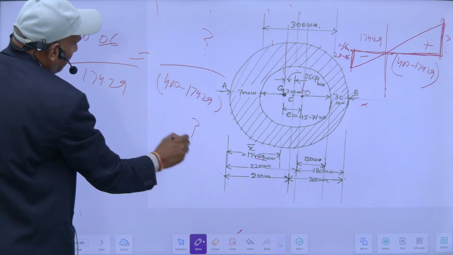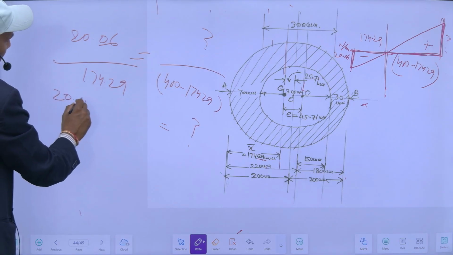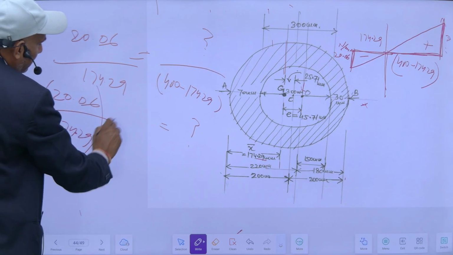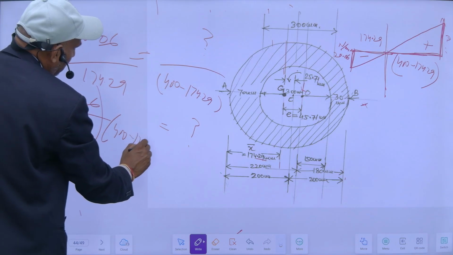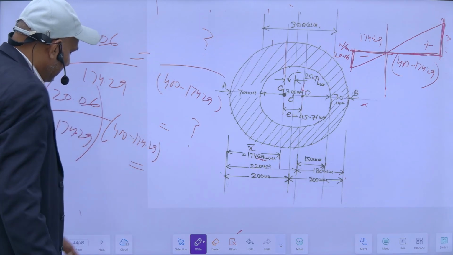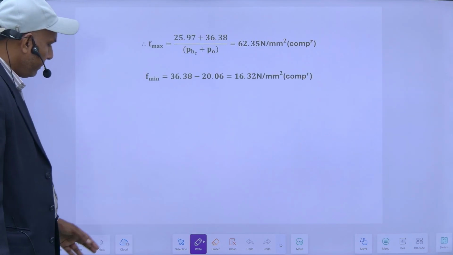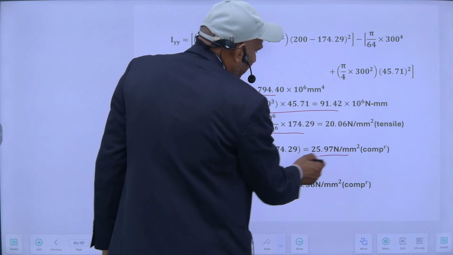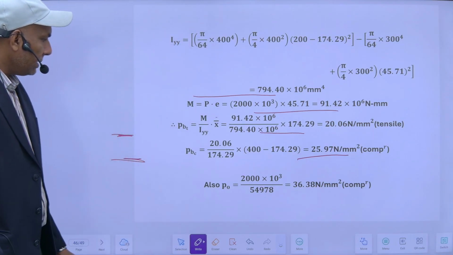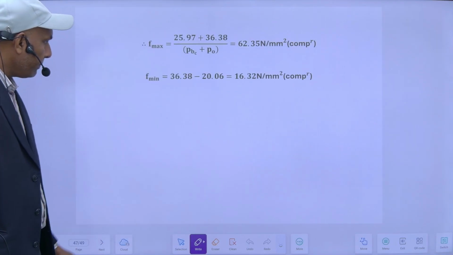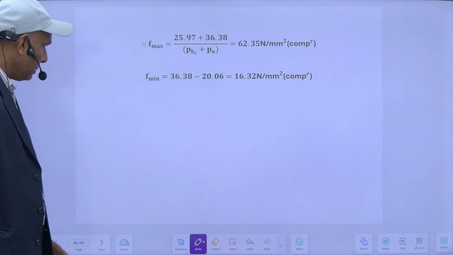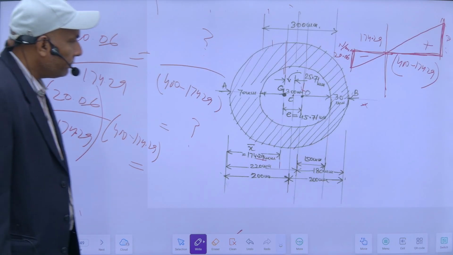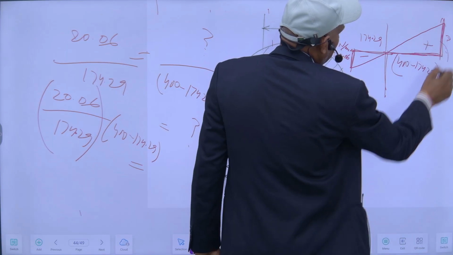So this will be 20.06 divided by 174.29 into 400 minus 174.29. So I will get 25.97 Newton per mm square. This is the bending compression, so my bending compression is 25.97.